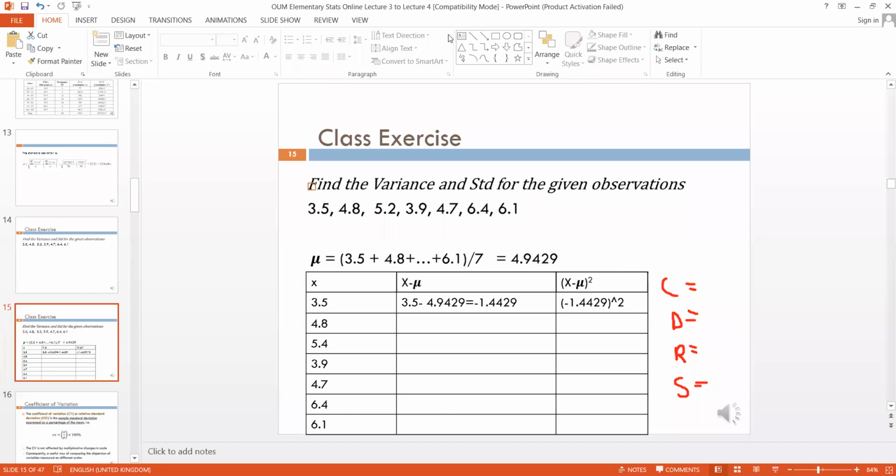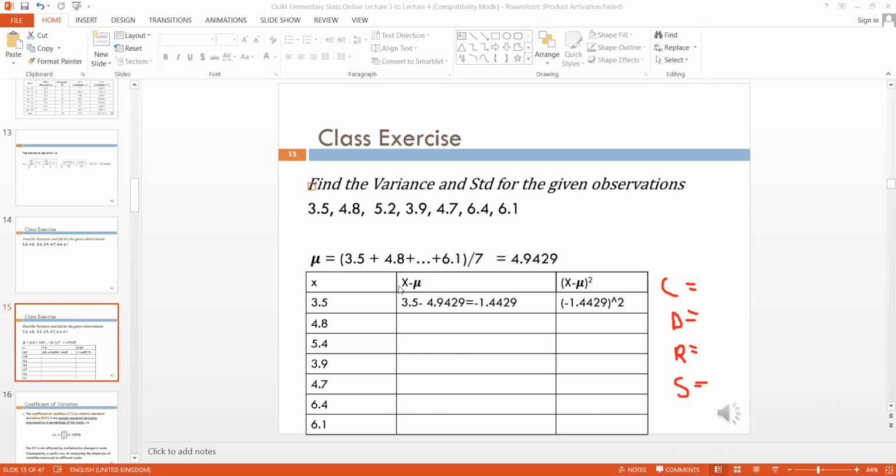Yeah. So these are the steps. As you are aware, I'm taking back my marks. We are to find the standard deviation and variance. What you do first is find the mean: you add everything and divide by the number of observations.